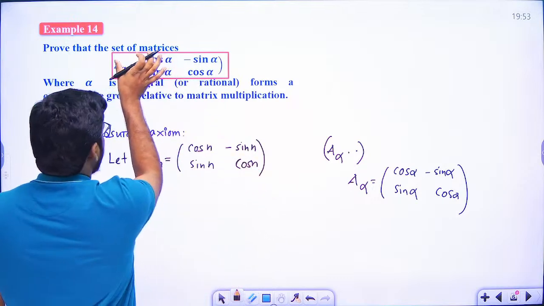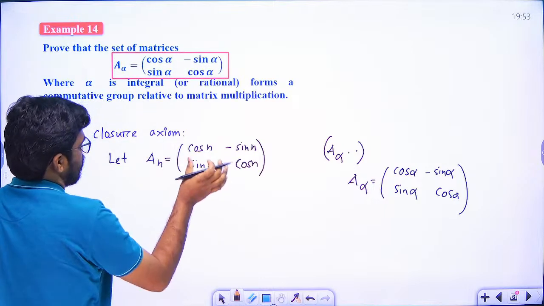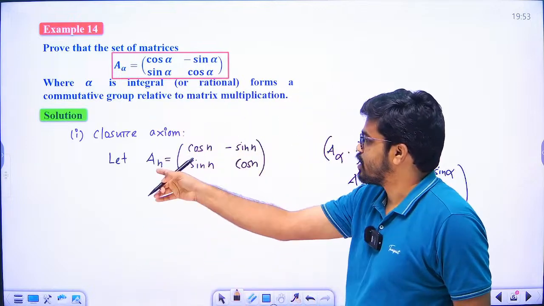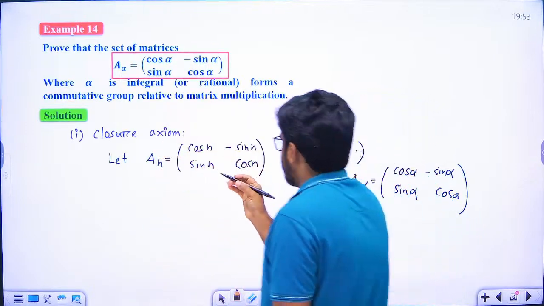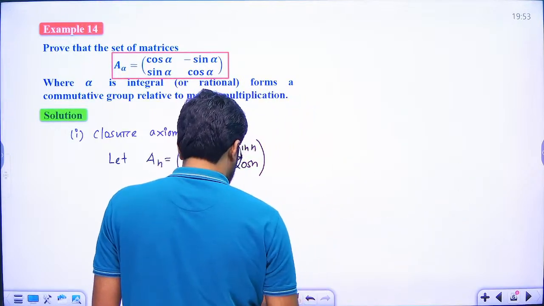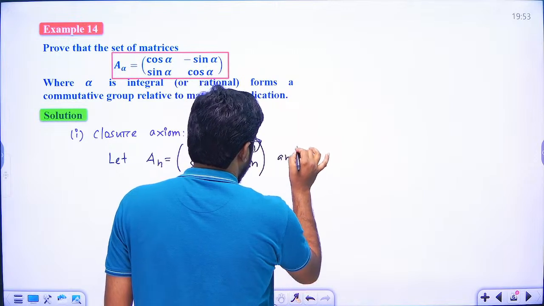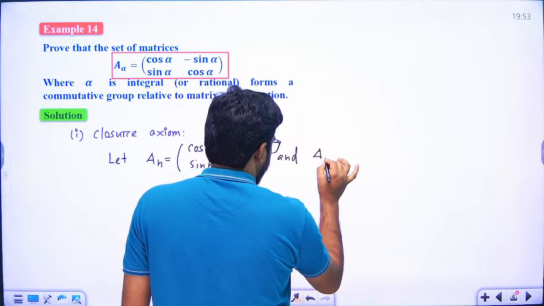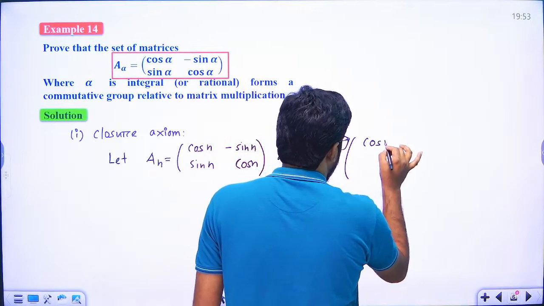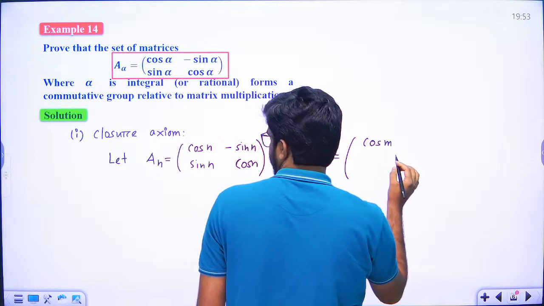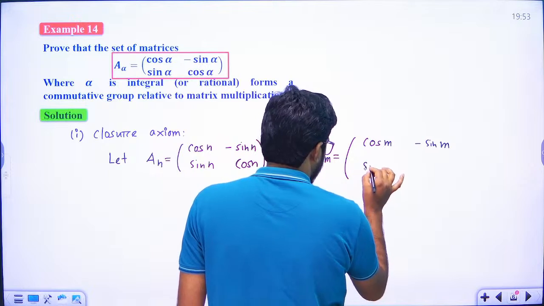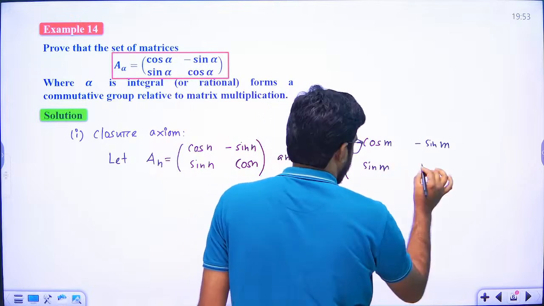So this belongs to A alpha. What is the form? The form is this. So we consider two matrices A n and suppose A m. So this is cos m, minus sin m, sin m, cos m.